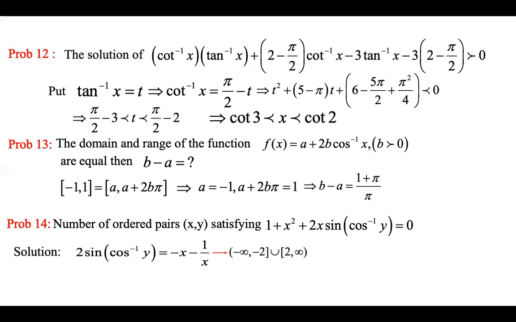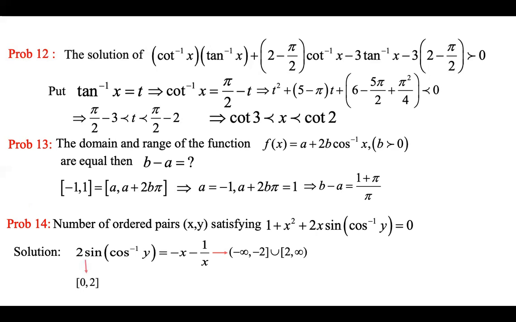So the quantity minus (x plus 1 by x), this right side quantity, has range minus infinity to -2 union 2 to infinity. And the left side quantity has range from 0 to 2.